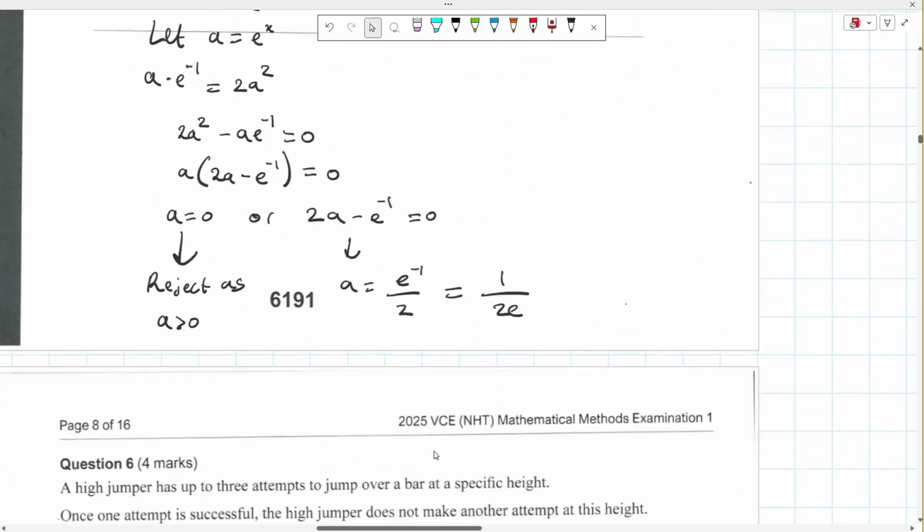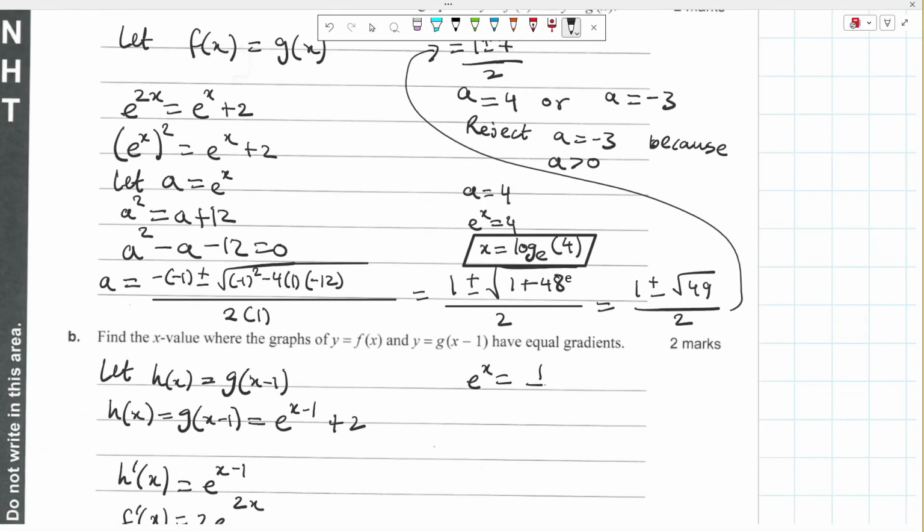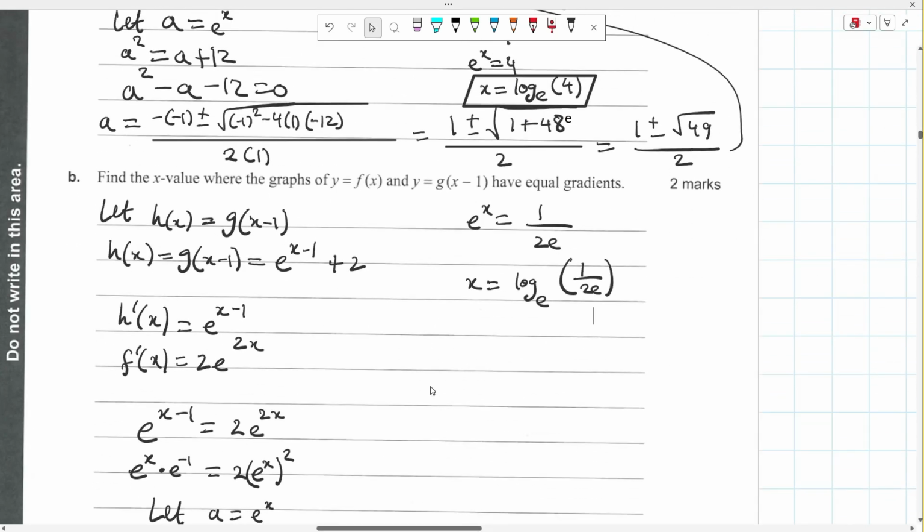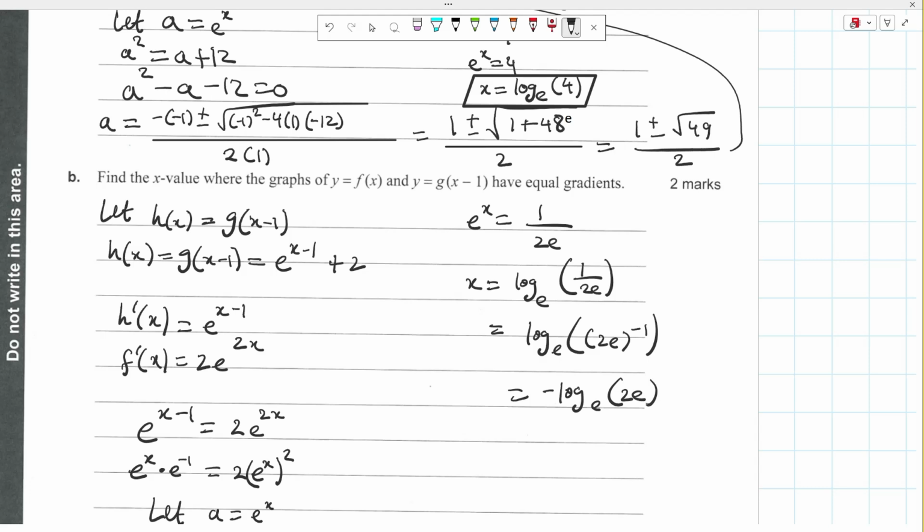Right? e to the x has to equal 1 over 2e. So x has to equal log base e of 1 over 2e. That's the same as log base e of 2e to the negative 1. That's going to be the same as negative log base e of 2e.